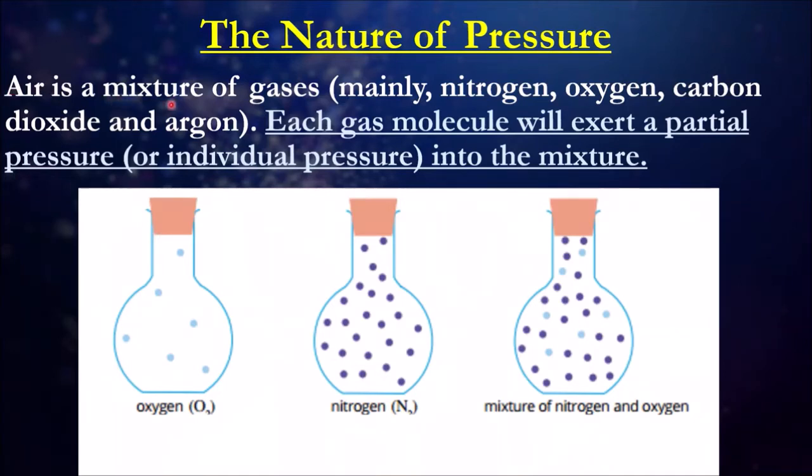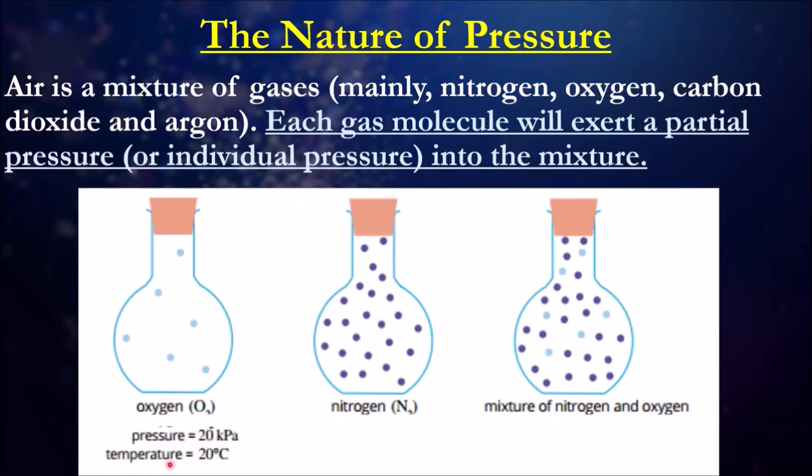So let's say air is a mixture of multiple types of gas. You have nitrogen, oxygen, carbon dioxide, and argon. These are some of the most common ones. Let's say I found the individual pressure, or the partial pressure, exerted by oxygen.